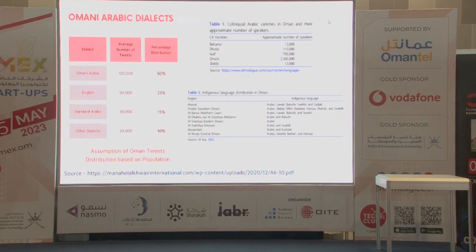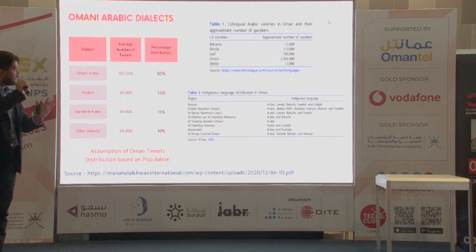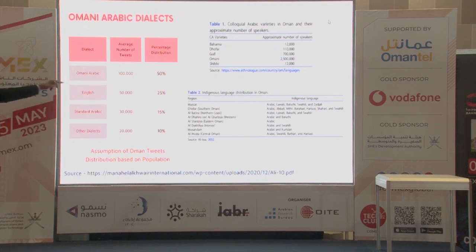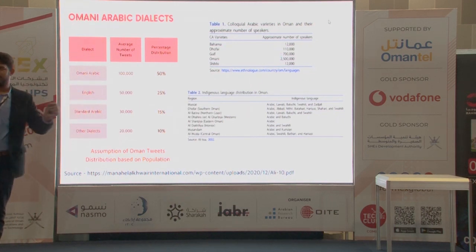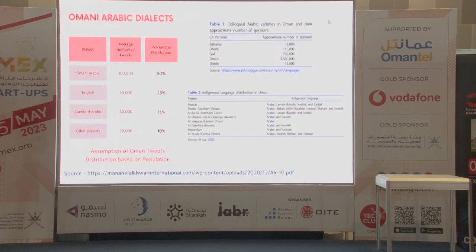And other dialects. Now, if you look at the chart here, 2.5 million. These are old reports which I've taken from linguistic studies. 2.5 million people speak Omani Arabic, right? But if you go to the second chart here, just in Muscat you have different linguistic communities, for example Lavatis, Zajjali, and if you go up north in Khasab and Musandam, there is the Kamzari language which is spoken.